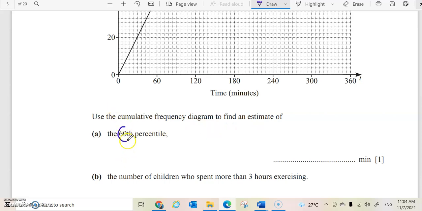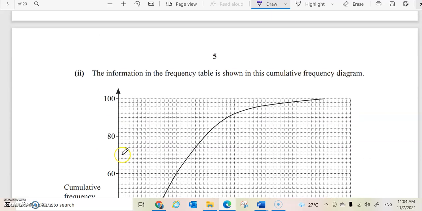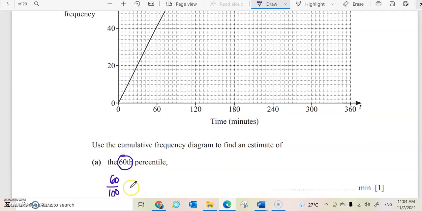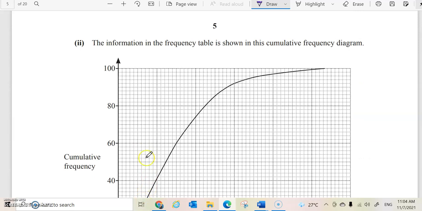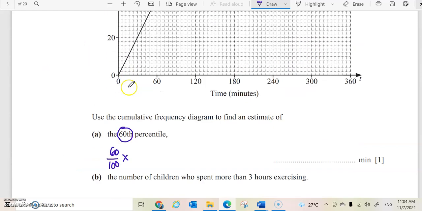So 60th percentile ni maksud dia 60 over 100. Nak cari dia punya tempat kat mana, you kena darab dengan total dia, total frequency. So kita tengok total frequency here is 100, bila cumulative frequency ni, the last point tu hujung sikit, itu ialah total frequency which is 100.